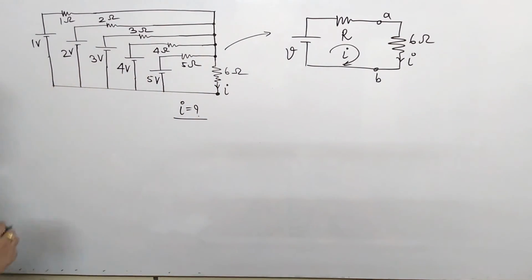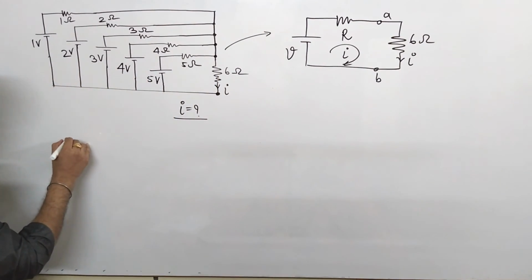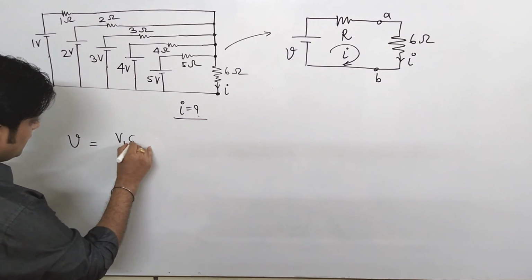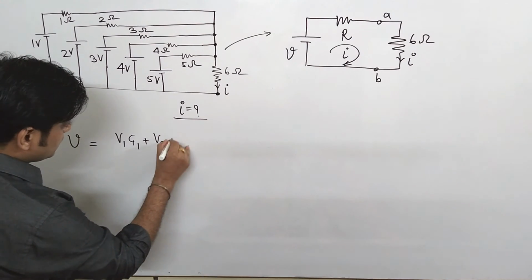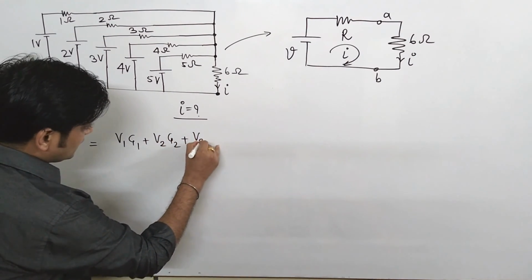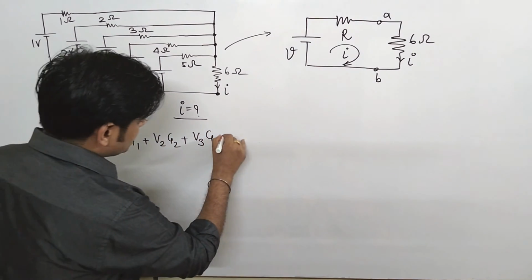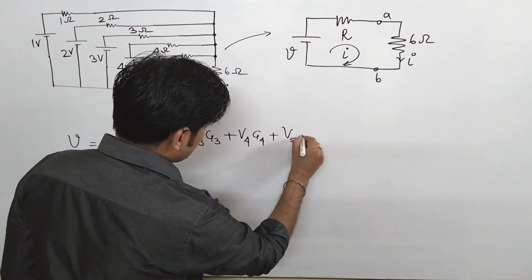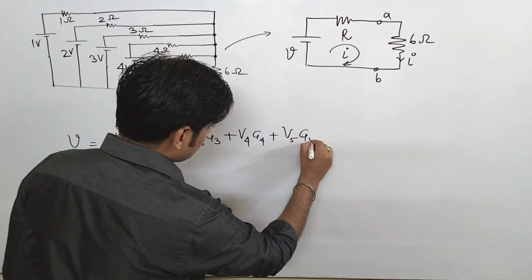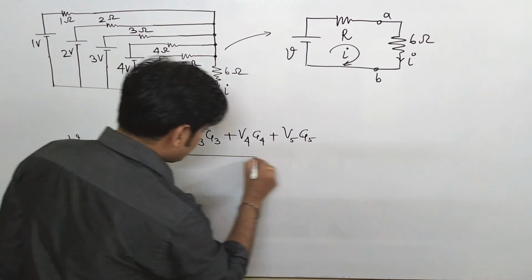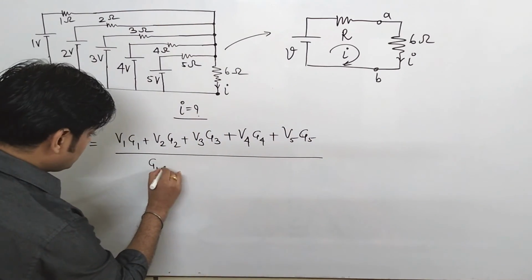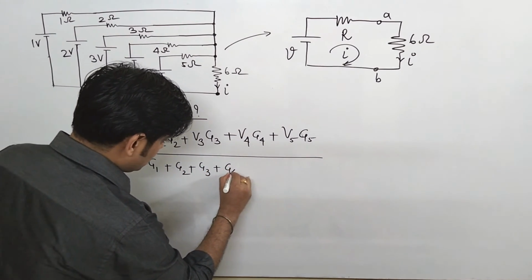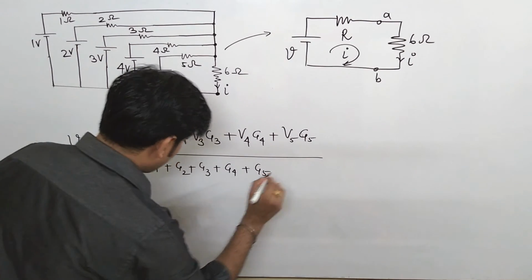As per our formula for Millman's theorem, V is equal to V1 G1 plus V2 G2 plus V3 G3 plus V4 G4 plus V5 G5, whole upon G1 plus G2 plus G3 plus G4 plus G5.